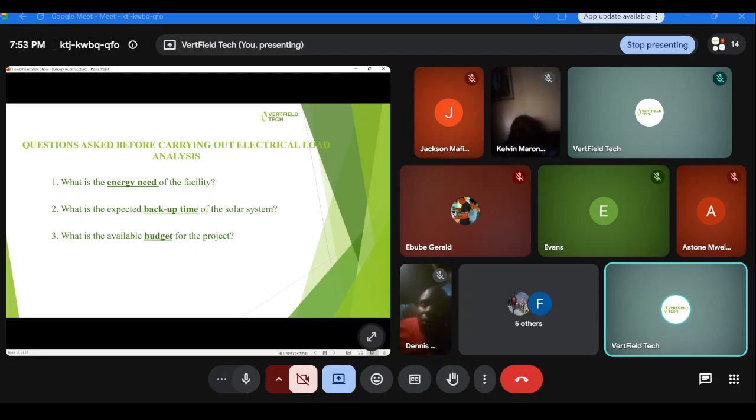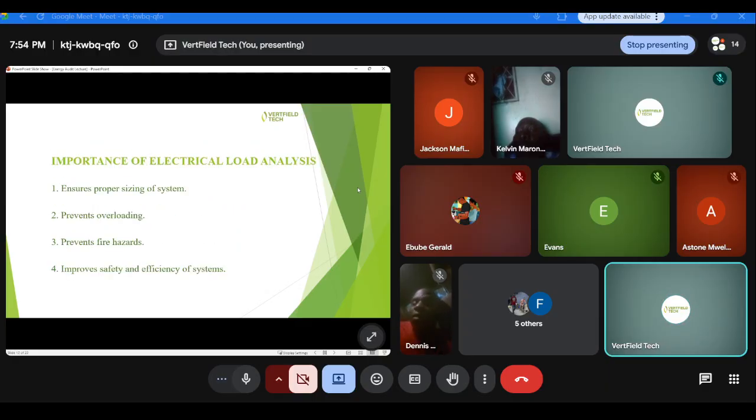Asking the question of budget will really help us to know the readiness of the client and also advise accordingly as to what to do when we get the response from the client. So, 3 important questions to ask, 2 most important: energy need and backup time, and then you ask the budget as a follow-up question. I hope it is interesting.